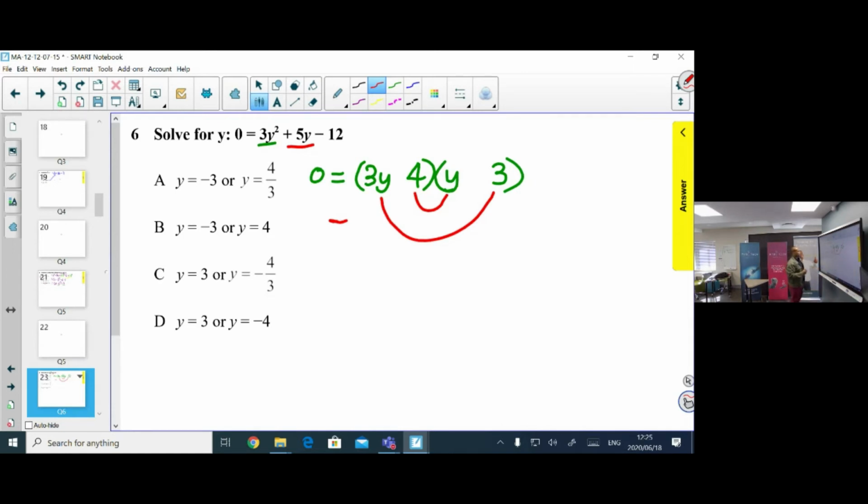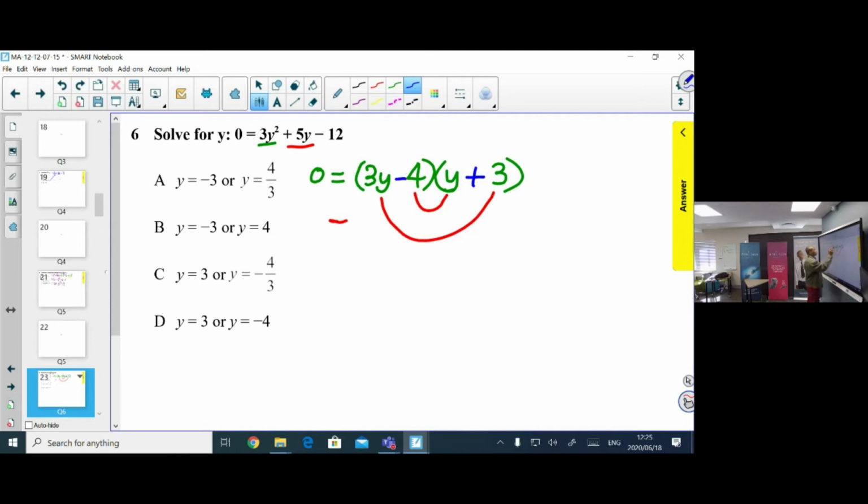So since there is a mixture of a plus and a minus, I am thinking that since our middle term is plus, it means the bigger part of this red line should be plus, because that's 3 times 3, which will be 9. 9y should be positive.